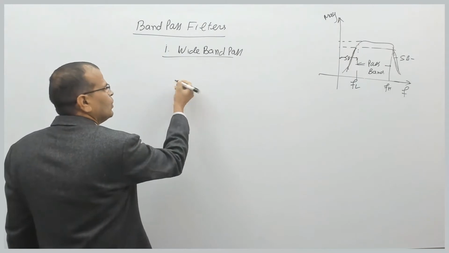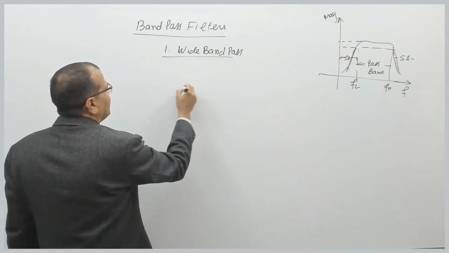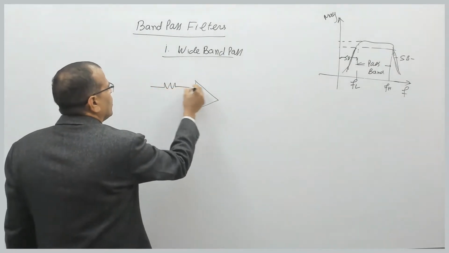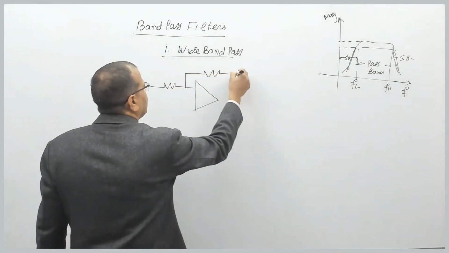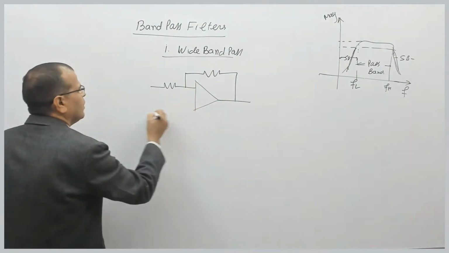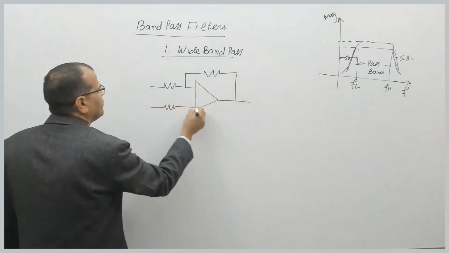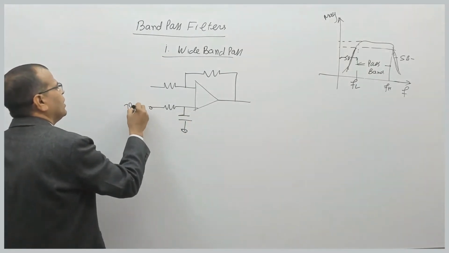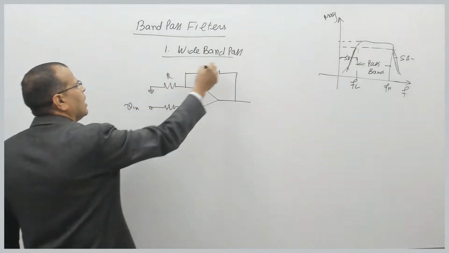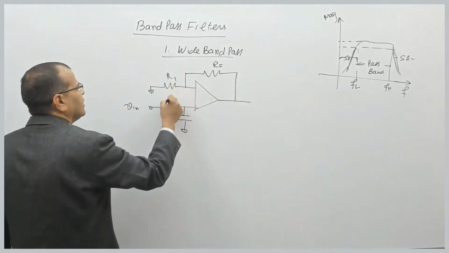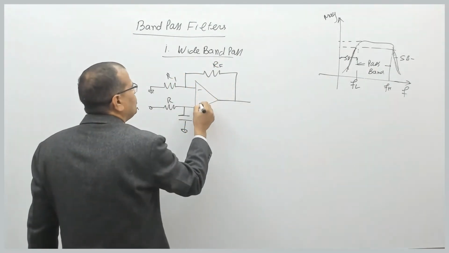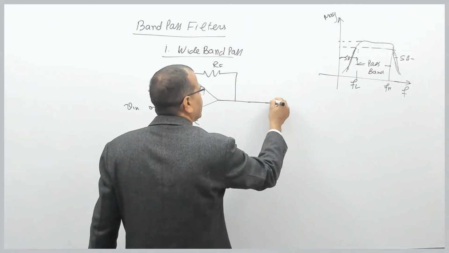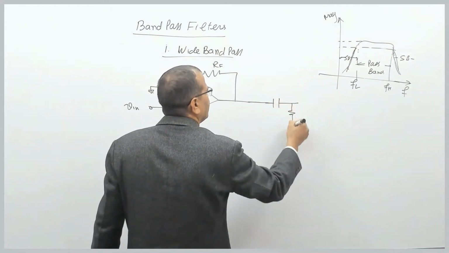What I do, we have a non-inverting mode low pass filter like this. This is V input, this is grounded, R, RF, say R1, this is R, this is C. Output of this filter is connected at input of the next stage like this, right?